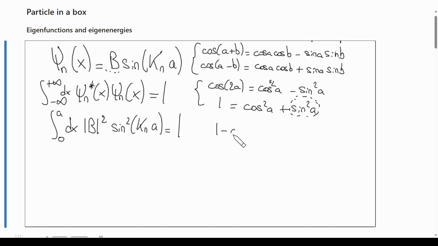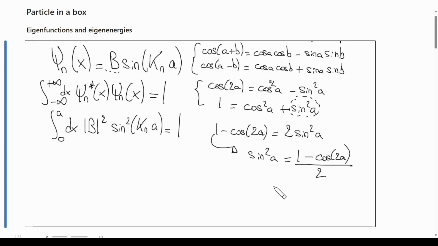So 1 minus cos 2A equals, so the cos squared cancels, and we have 2 sine squared A. And this gives sine squared A equals (1 minus cos 2A) over 2.